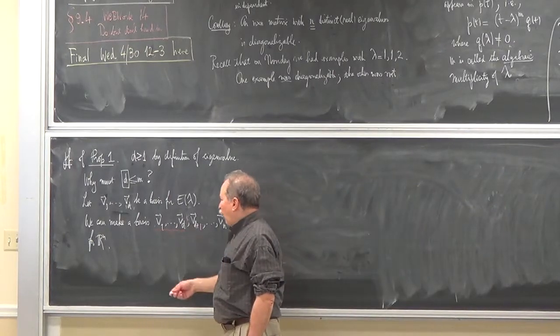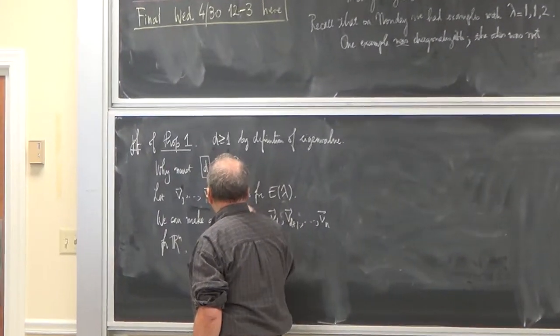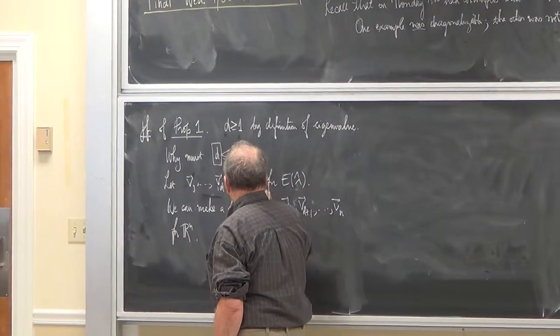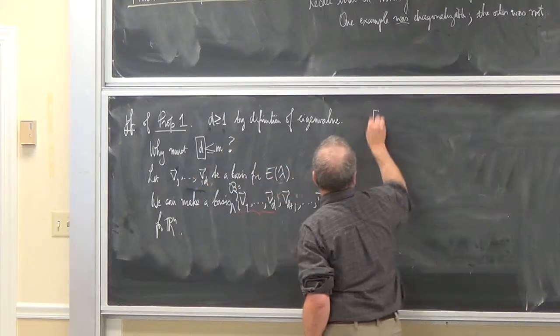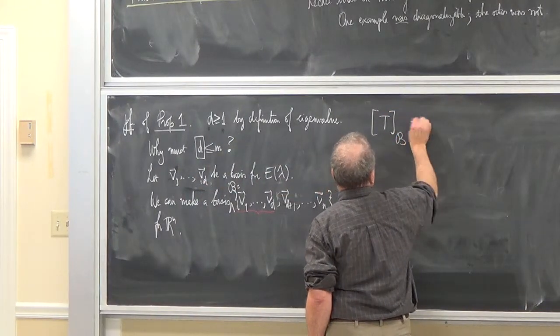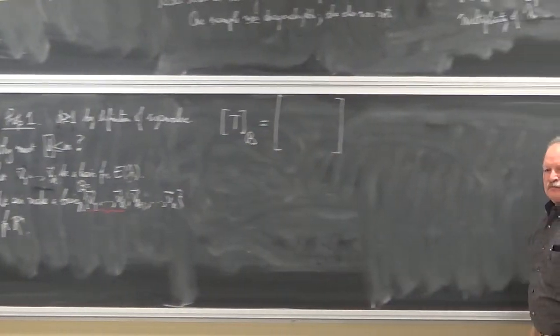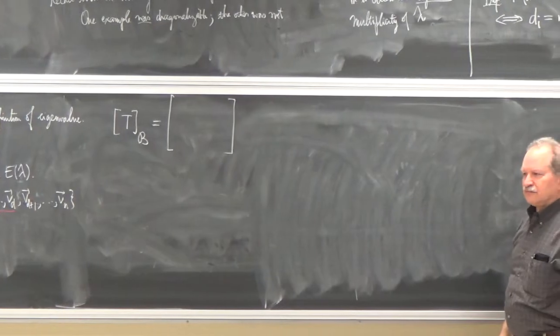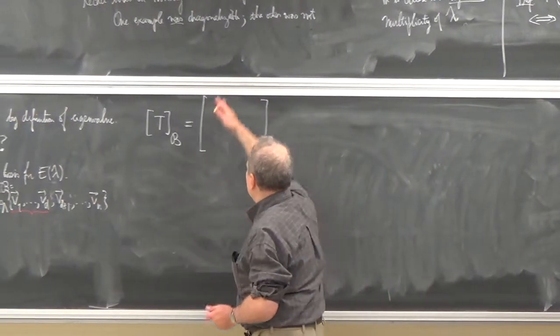So, what does the matrix for our linear map look like in this basis? Let's call this basis script B. Well, v1 through vd all have eigenvalue lambda. So, what does that tell me about my matrix?